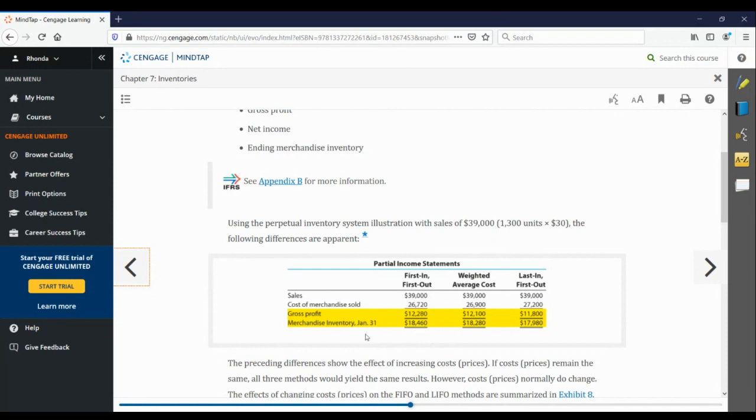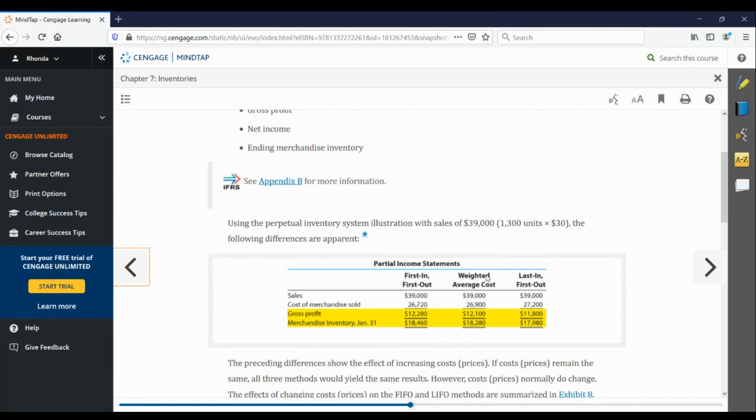The second part of this table has merchandise inventory. You really ought to know that merchandise inventory is a balance sheet account. It's an asset account. We have talked about that in the past. And so merchandise inventory for the FIFO method will end up being higher.